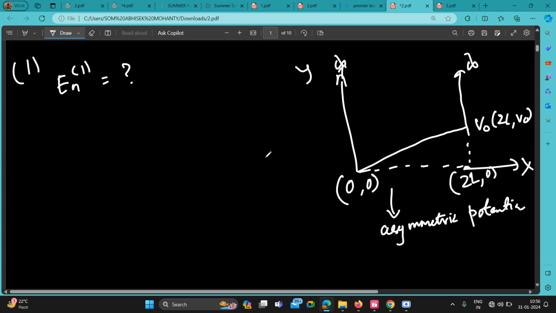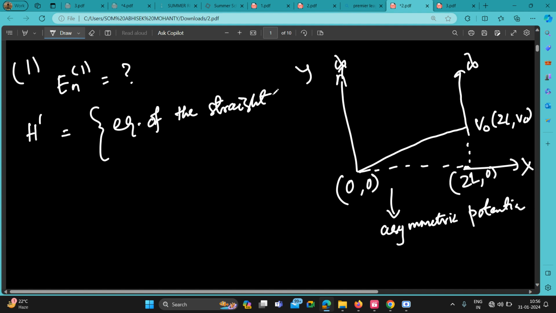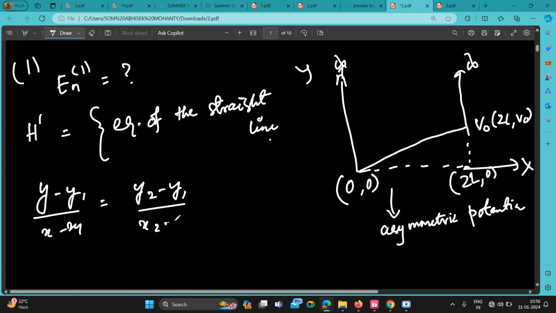First of all, how to get the equation of the perturbed Hamiltonian? The perturbed Hamiltonian is the equation of the straight line. The equation of a straight line, as we know, is (y minus y1) by (x minus x1) equal to (y2 minus y1) by (x2 minus x1).